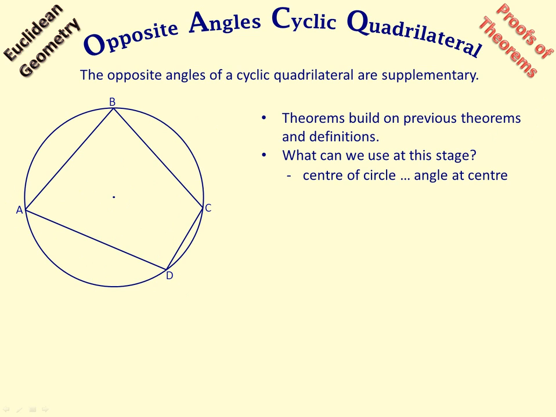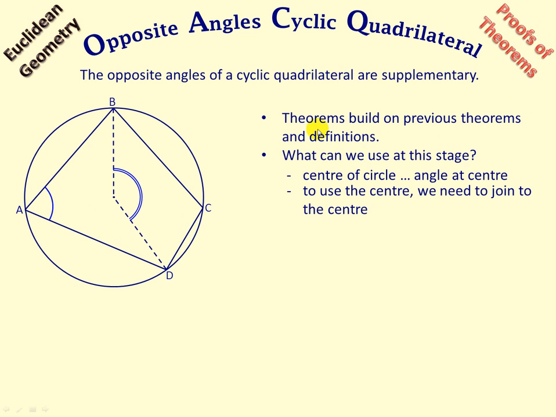We will need a couple of previous, more elementary theorems. Because we're using angle at center, to use the center we need to join to the center, otherwise it's meaningless having a center there. So we'll join B and D to the center.